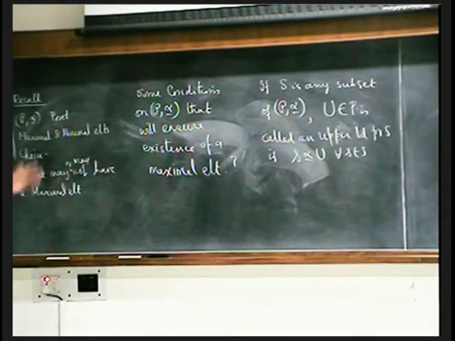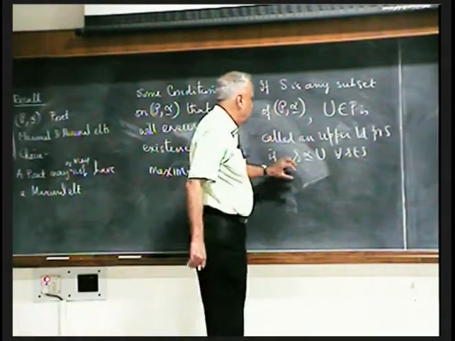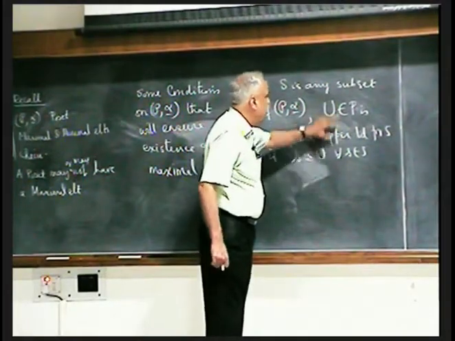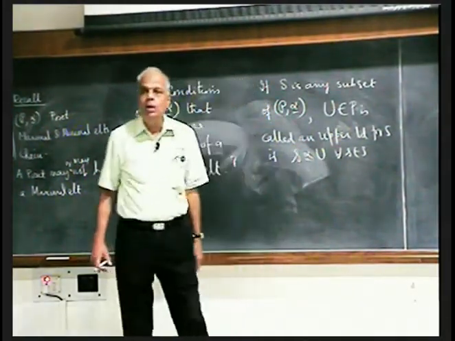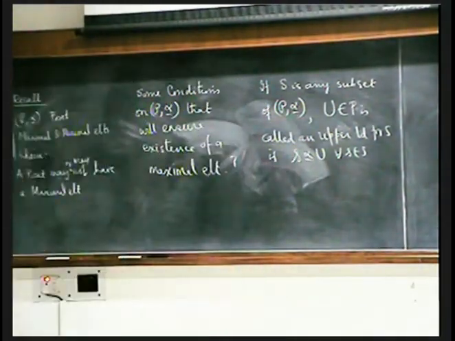It doesn't mean for every element in the partially ordered set, it works only for this sub collection. For all elements in the subset S, each must precede U. Then U is called an upper bound.